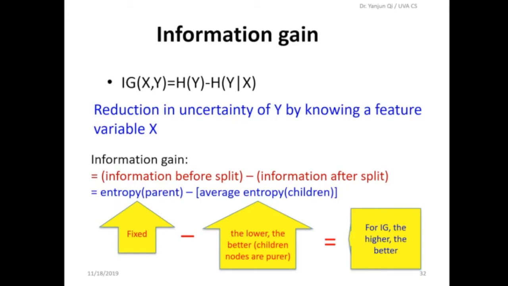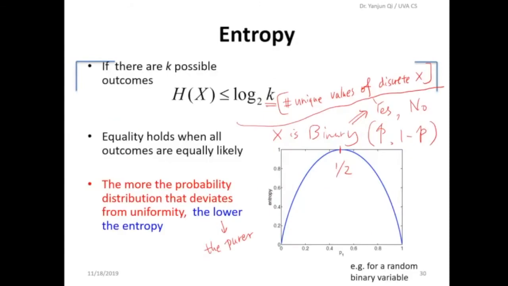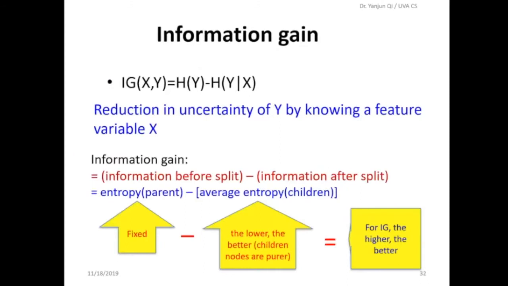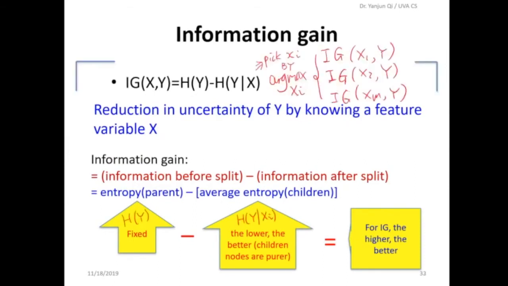So I prefer the average entropy of all the children nodes together to be smaller. Again, what does smaller entropy mean? It means not uniformly distributed on the two sides. So people just use information gain, and pick the variable with higher information gain.